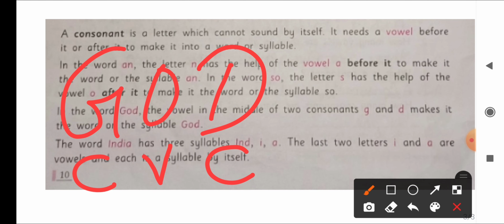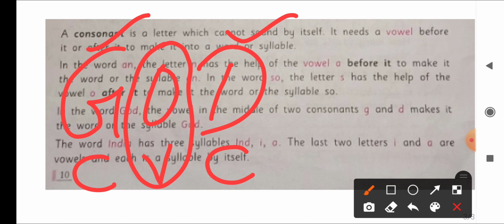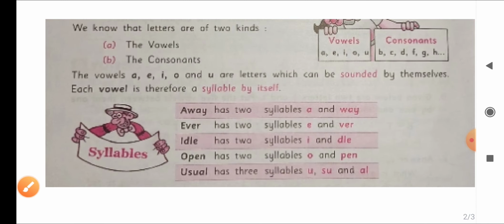So GD doesn't make a good sound, or it doesn't make a complete word. So it needed the support of a vowel which is placed in the middle of both the consonants. Understood? Now we'll move further again.